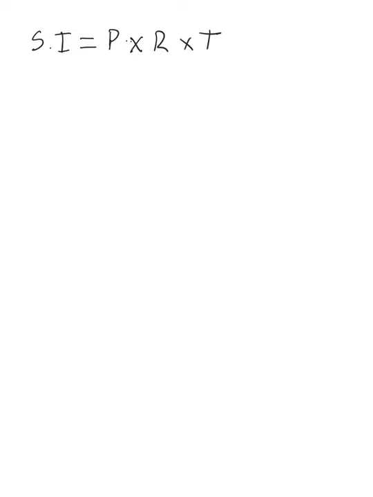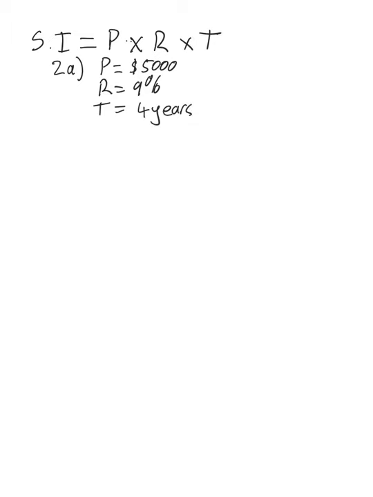So if we look at question 2A from the worksheet, then we have P, the principal, equals $5,000. R, the rate of interest, is 9%, and T for time is 4 years.